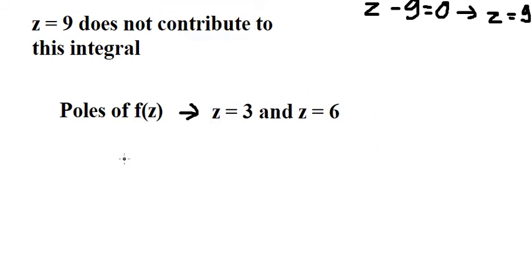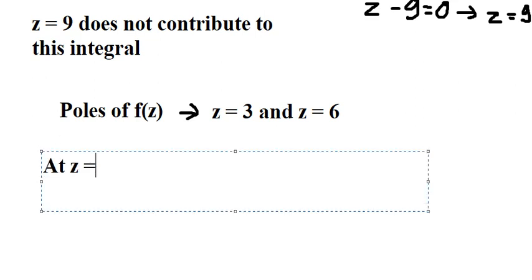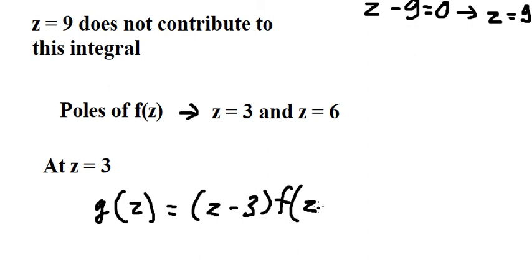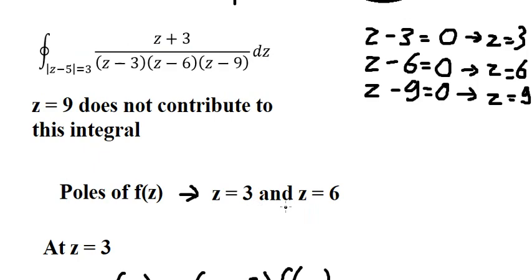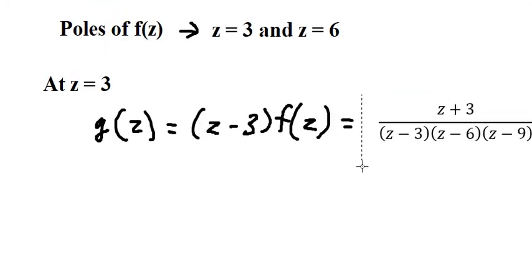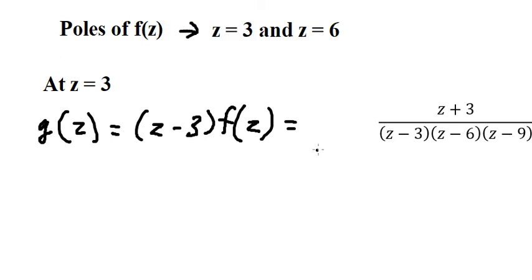Now we go to the second step. As z equals number 3, we will have g of z equals z minus number 3 multiplied by f of z. So we multiply by z minus number 3, and we will have like this.